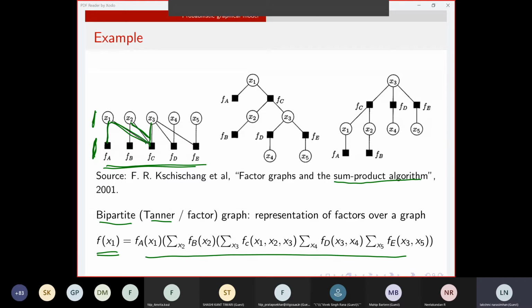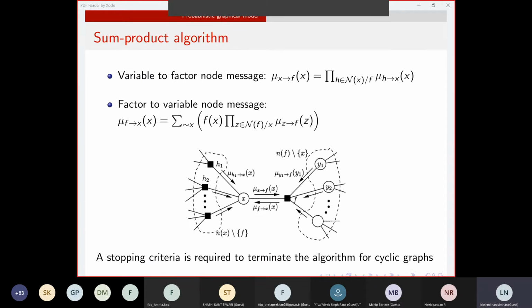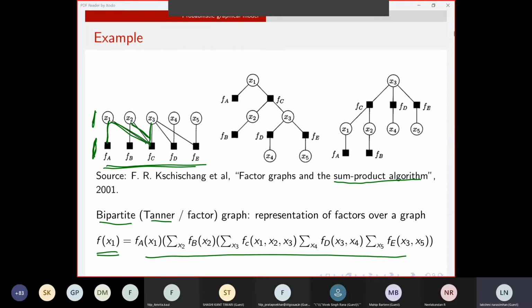So how is this graphical model helping us to compute this? What we see next is the sum product algorithm. The sum product algorithm tells us that you send messages from the variable node to the factor node and from the factor node to the variable node. We have these factor nodes here and the variable nodes here.